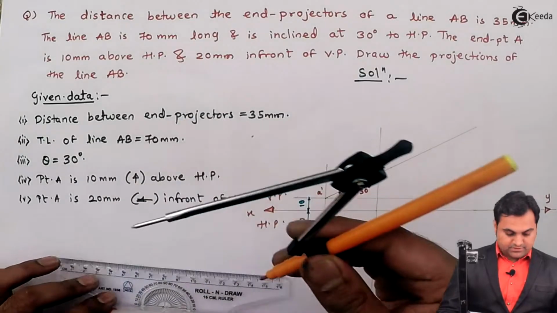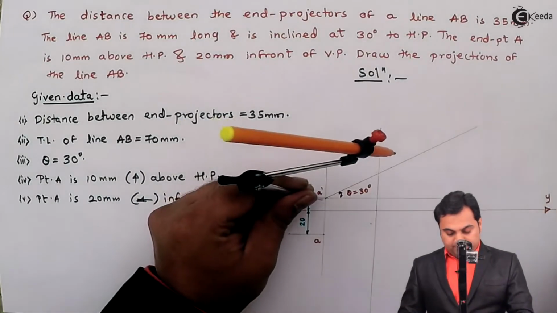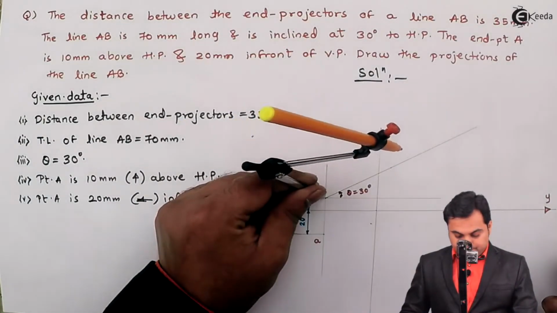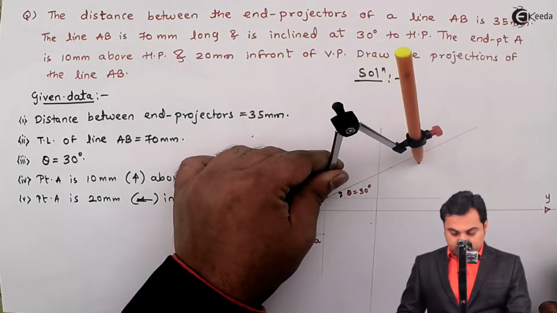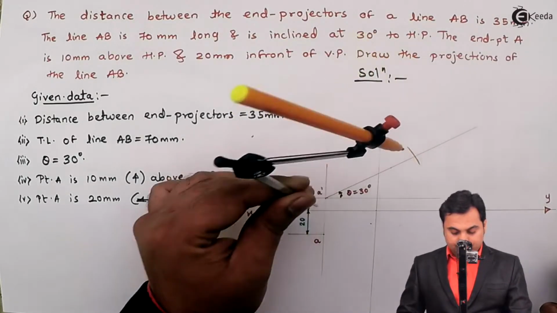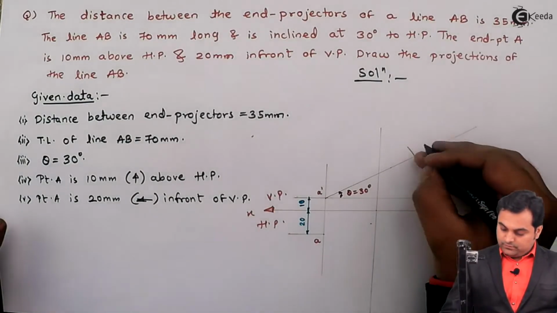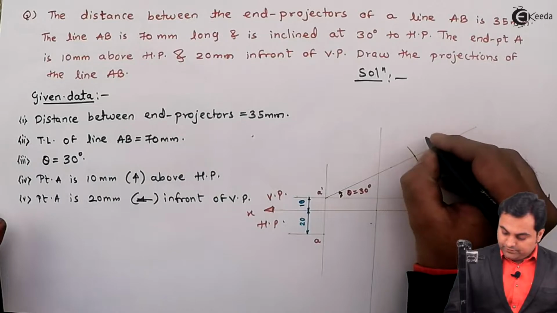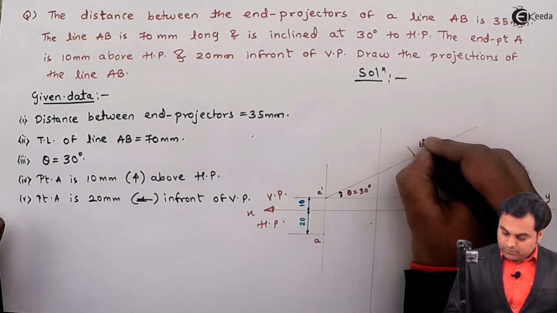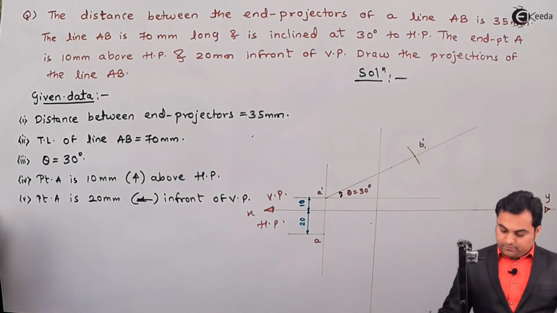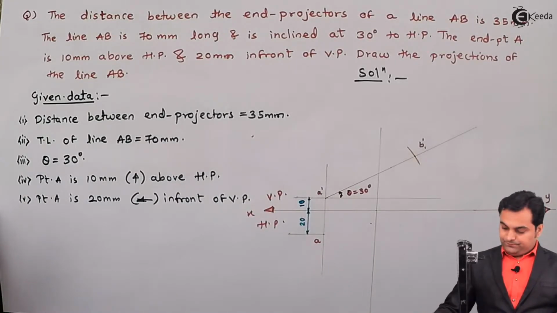Measuring the distance 70, keeping it on A dash, cutting this line. So here this will give me the point B dash, or I'll write down B1 dash because that is the true length.